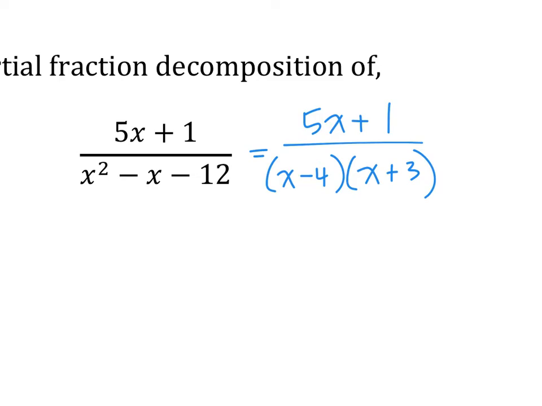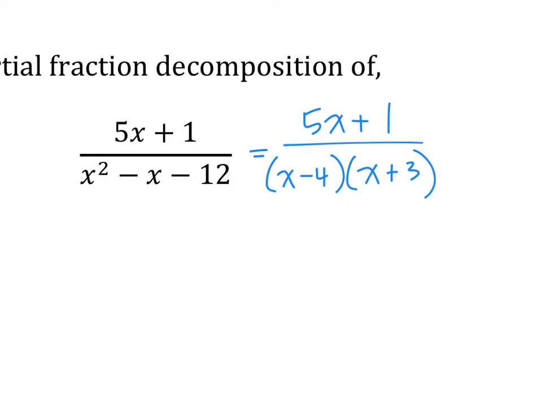Somehow I need to decompose it into some fractions added together. If we are going to add the fractions together, they have to eventually combine to have this least common denominator, correct? That means each denominator will probably be one factor by itself.